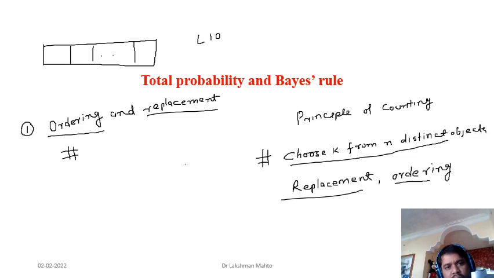So how many possibilities are there? There is ordering as well as replacement. How many possibilities are there to fill this box? Out of n possibilities.